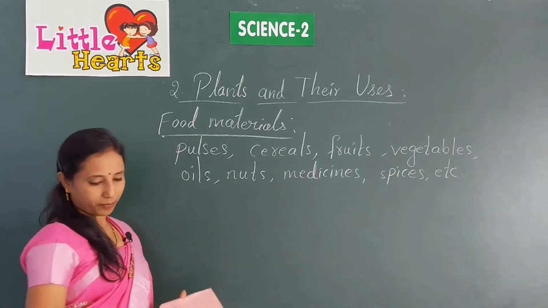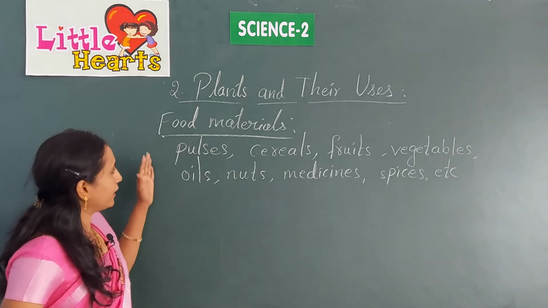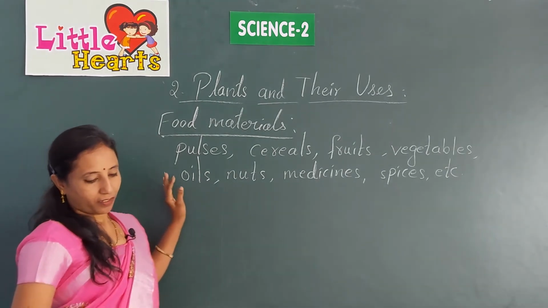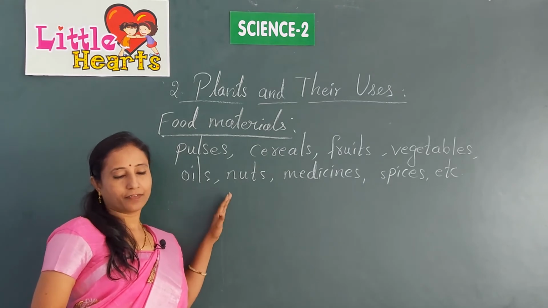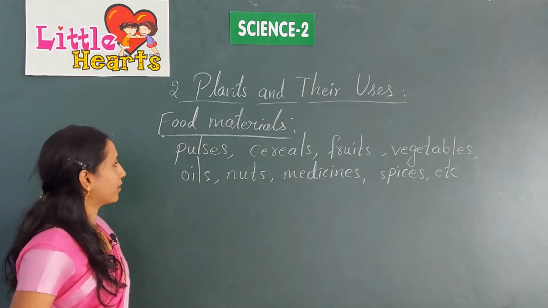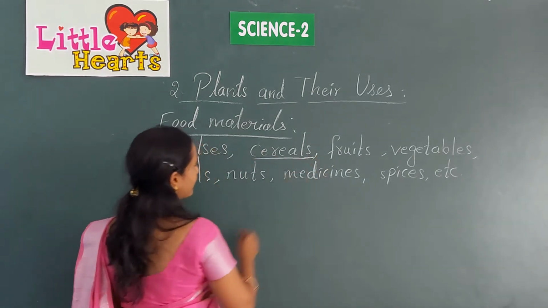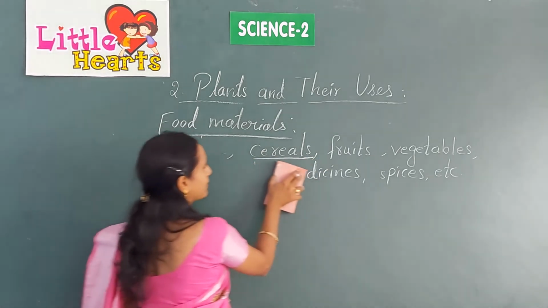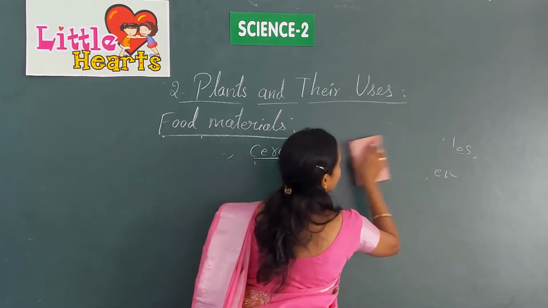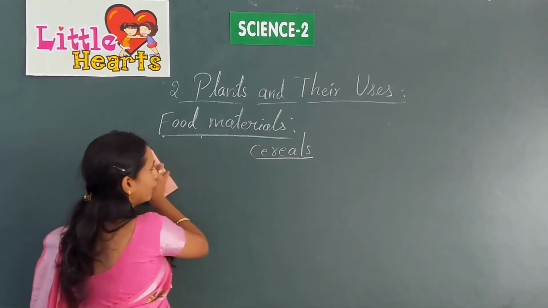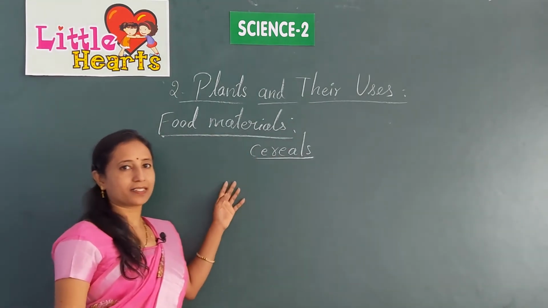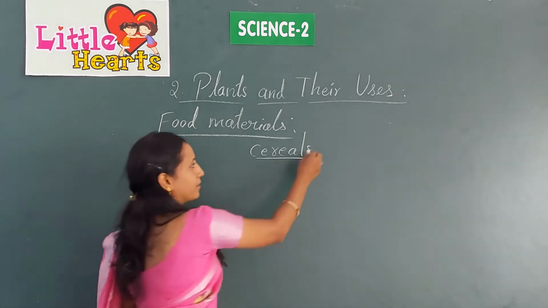First, food materials. In the food materials, plants give us food grains. Grains are called cereals. What kind of grains do we get from plants?